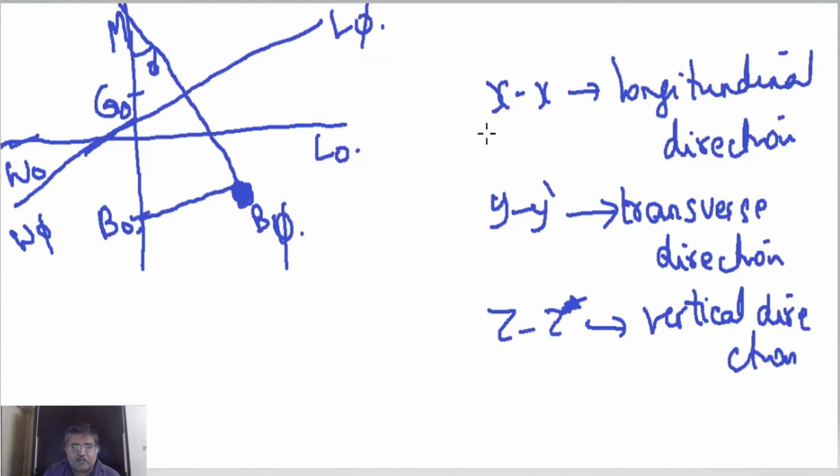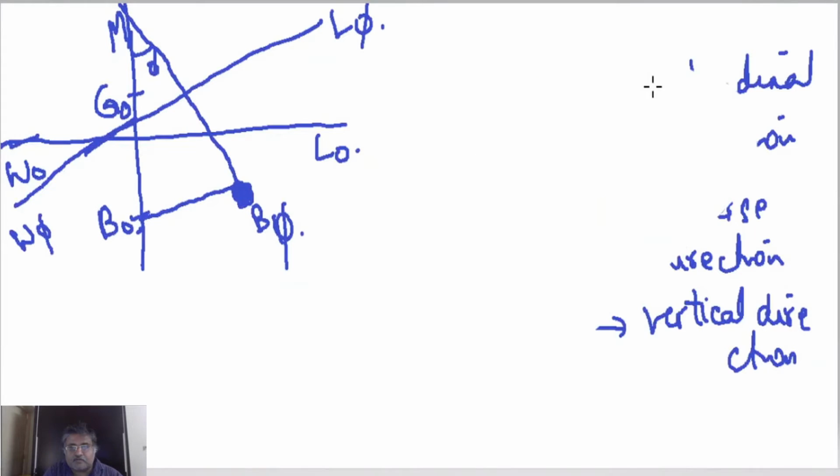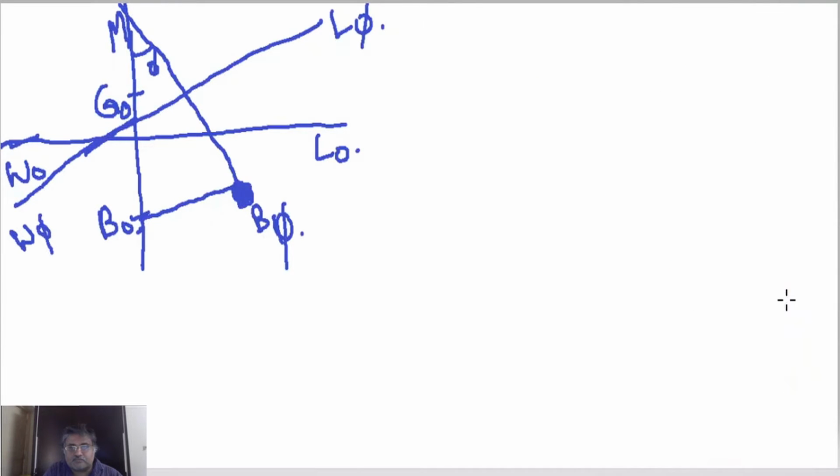Okay, so XX is the longitudinal direction, YY is the transverse direction, and ZZ is the vertical direction. Once you have these things, in this problem, this distance is a cross-sectional area.